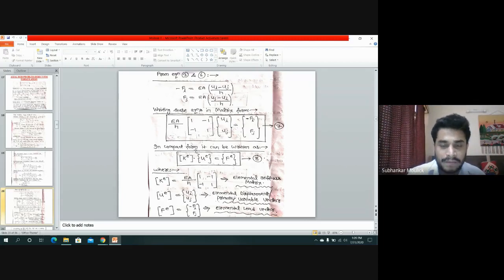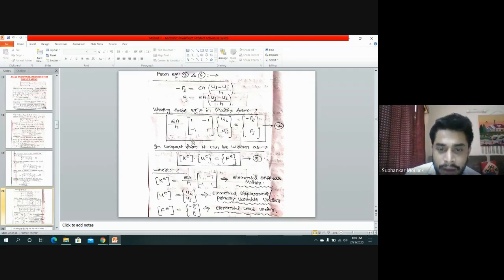Multiplication of matrix is done row, first row into first column, and likewise. So 1 into ui is ui, this ui minus uj in bracket, a by h is common, which is equal to minus fi. That means the first equation is satisfied if I consider the first row and first column.